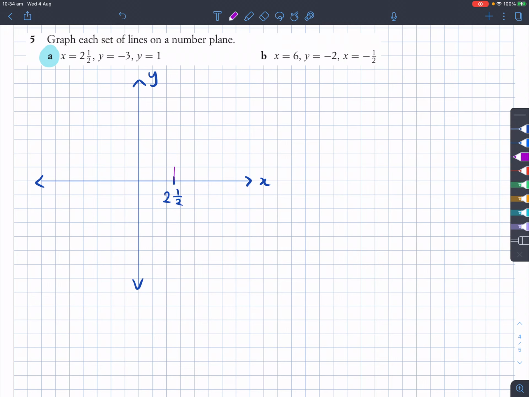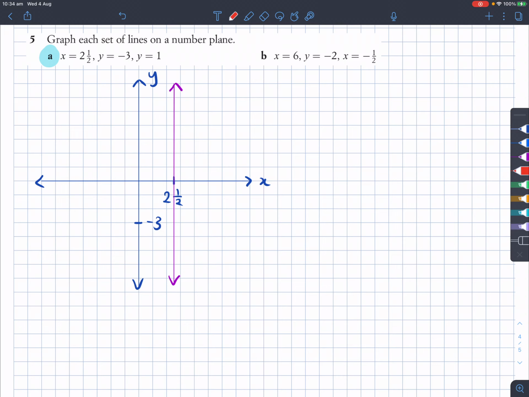So I'll make it a purple maybe, there. And that's our line, right? Now, y equals -3 means look at the y-axis, find the y value of -3. That means go down by 3, which is here. Okay?